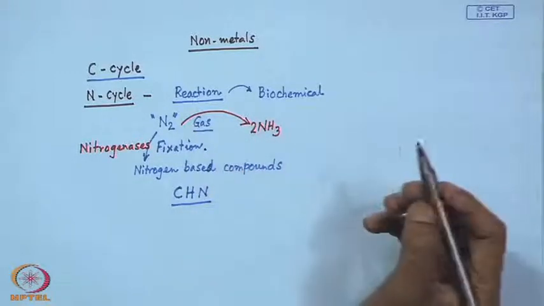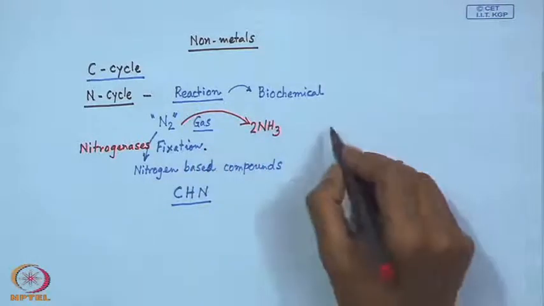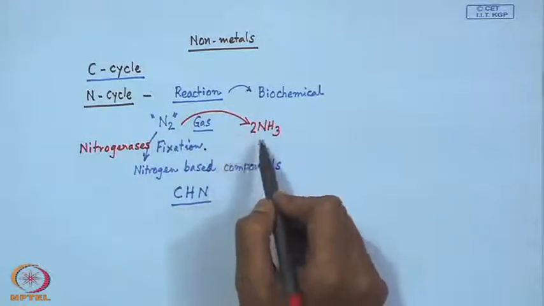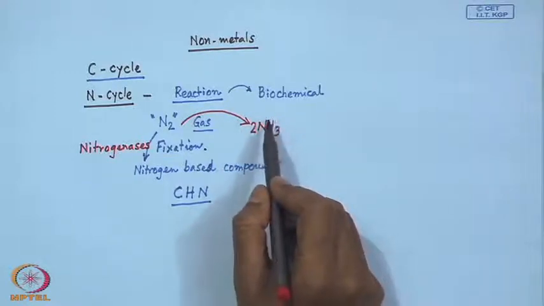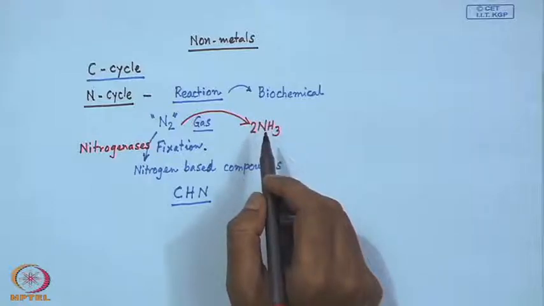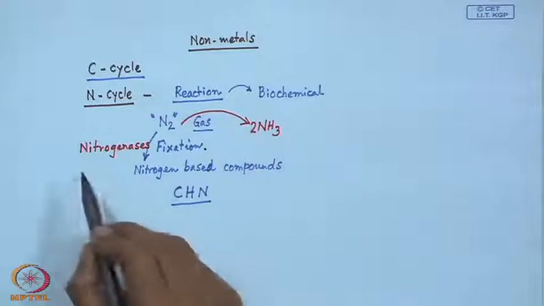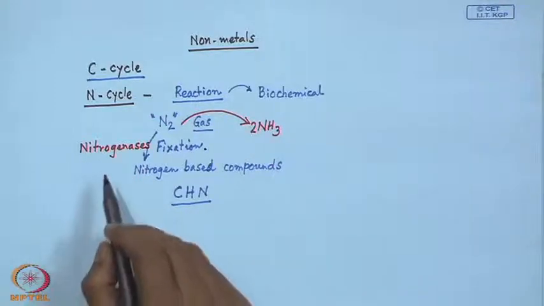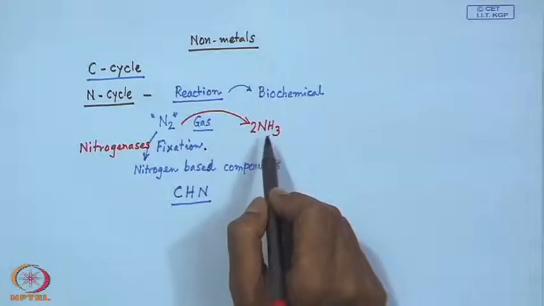It is a typical reduction reaction of the inert dinitrogen molecule, where nitrogen is triple bonded to the second nitrogen. This is a 6 electron reduction, and metal ions like molybdenum and vanadium, present in nitrogenases along with iron, play an important role in converting dinitrogen to ammonia.